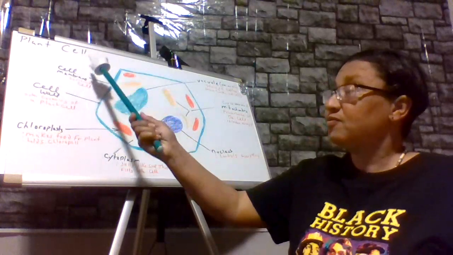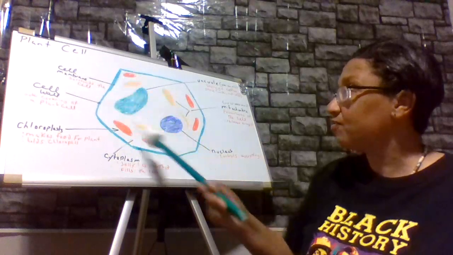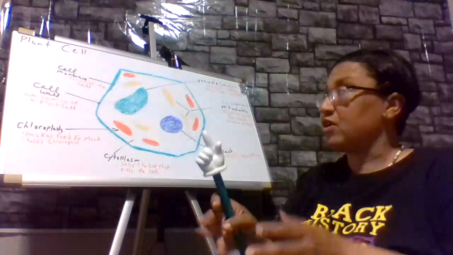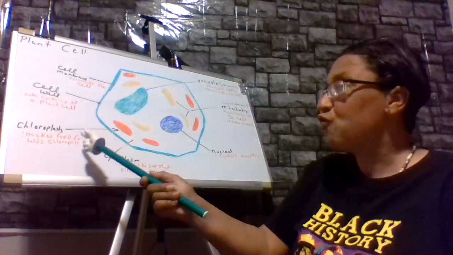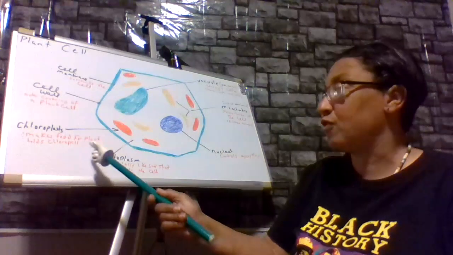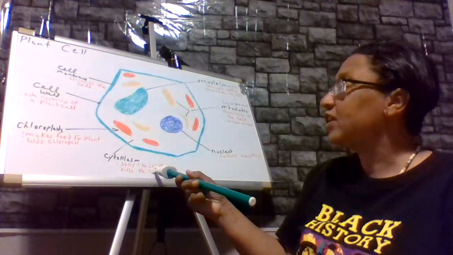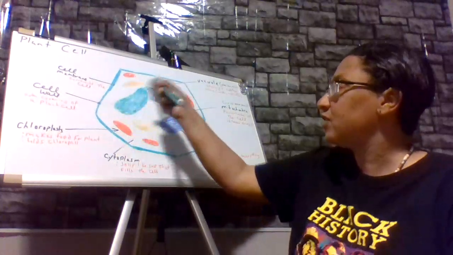Plant cells. We have the cell membrane that surrounds the cell. We have the cell wall. That's the outer covering of the plant cells. We have the chloroplasm, which makes food for plants and holds chlorophyll. Makes it green. The cytoplasma is the jelly-like substance that fills the cell. That's all that empty space in here.